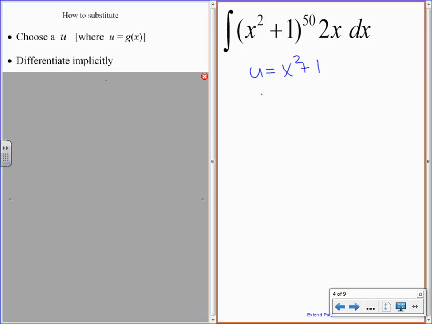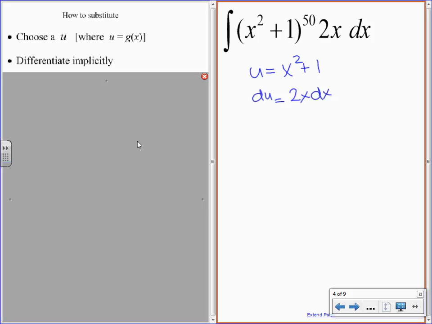So technically du dx is what? 2x. But remember when we did differentials, we wrote it as du equals 2x dx. Yeah, we can multiply that dx over. That's how I want you to do it here.